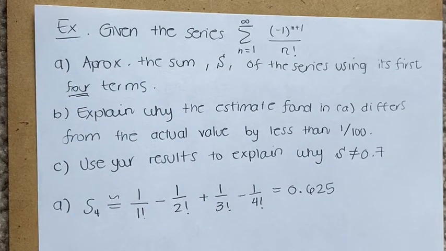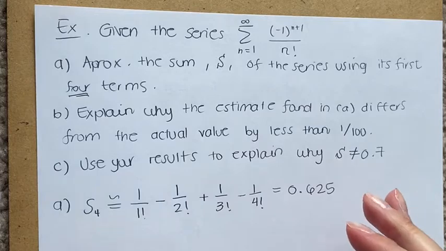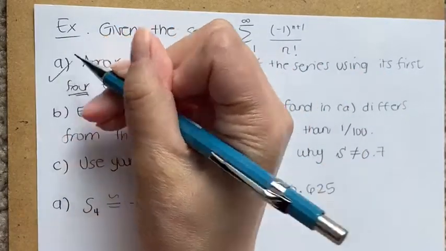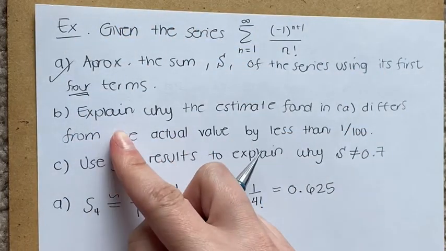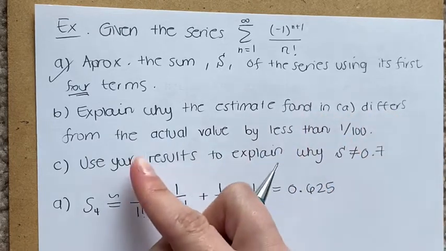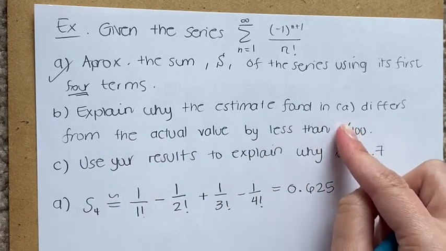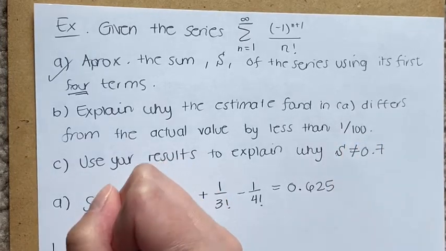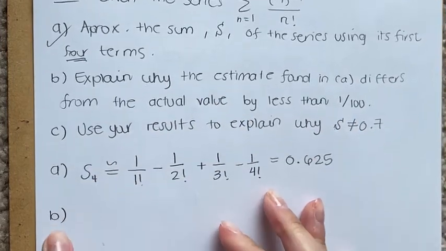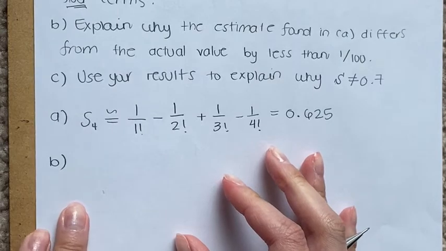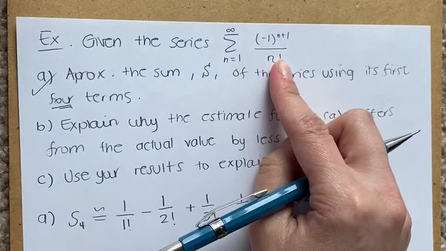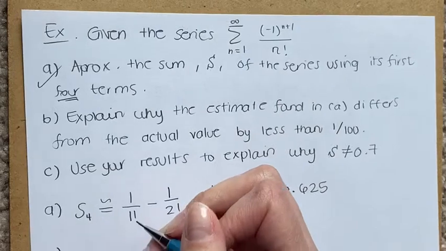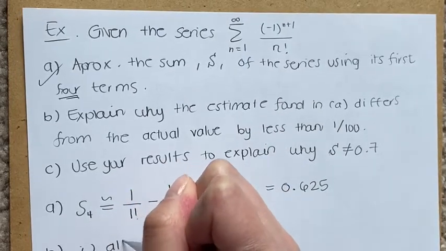And you're going to see how this theorem works. Now B, explain why the estimate found in part A differs from the actual value by less than 1 over 100. Here is where we are applying the theorem that we were talking about. We know that this series first alternates.